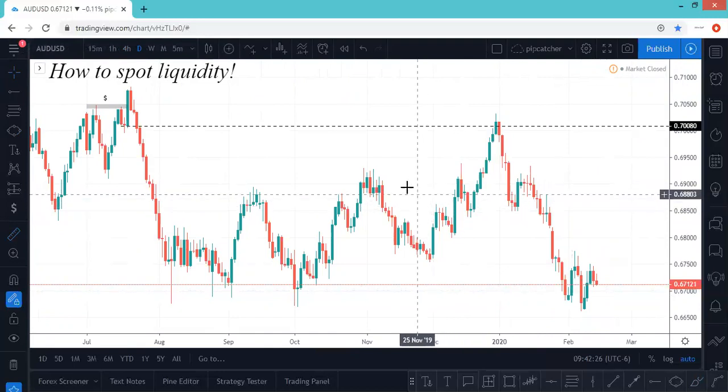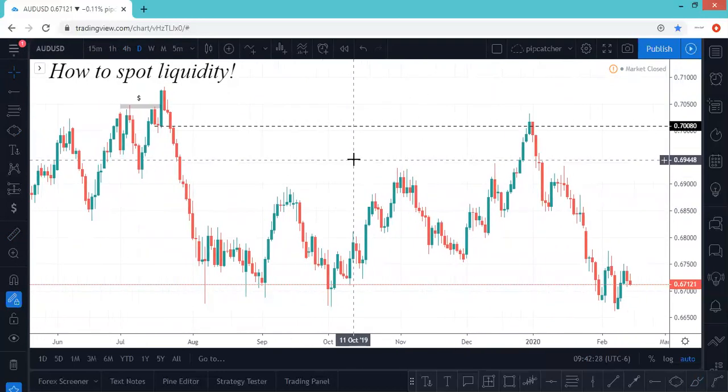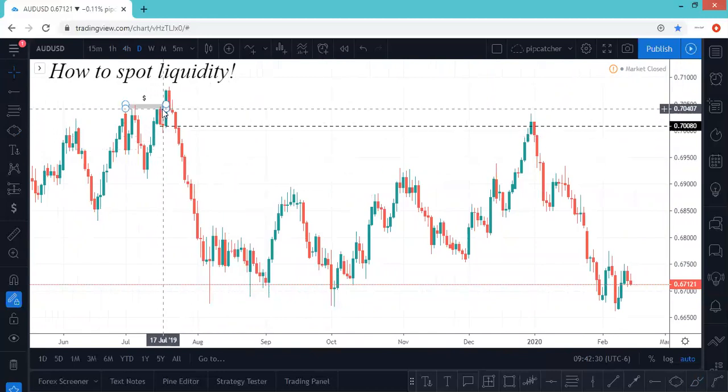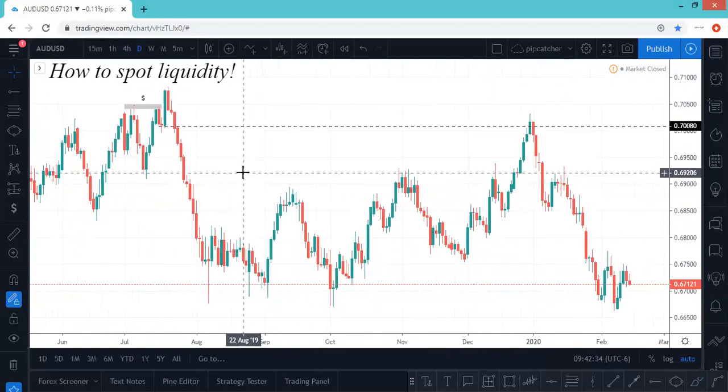So spotting liquidity in a sense isn't too hard to find.